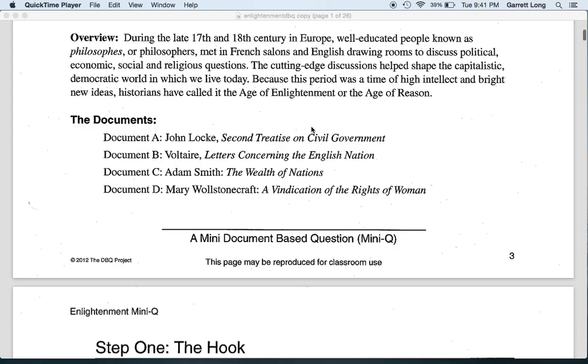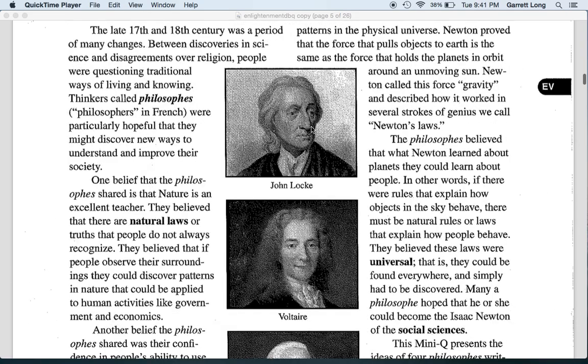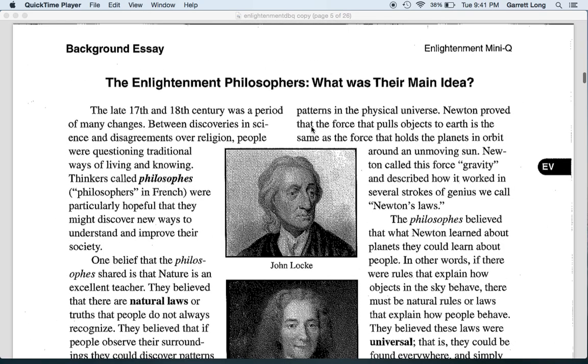So we are going to first look at our background essay, and this is going to set us up before we actually look at and analyze our three documents. All this stuff we have talked about before, so this should all be review, nothing new.